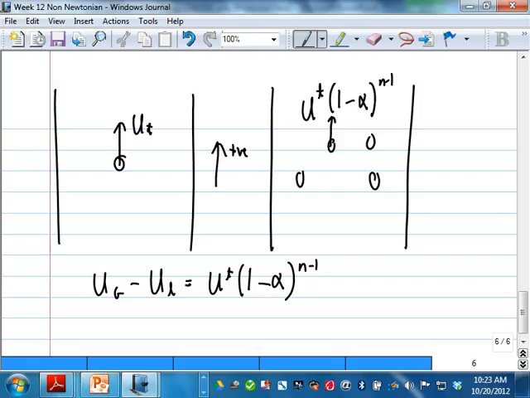This is the difference in velocity between the gas and the liquid, the bubble rise velocity. If the liquid is flowing upwards, you expect the bubble to rise even faster. If the liquid is flowing downwards, you expect the bubbles to rise slower. Does that make sense? This is captured here: U gas minus U liquid is equal to this.